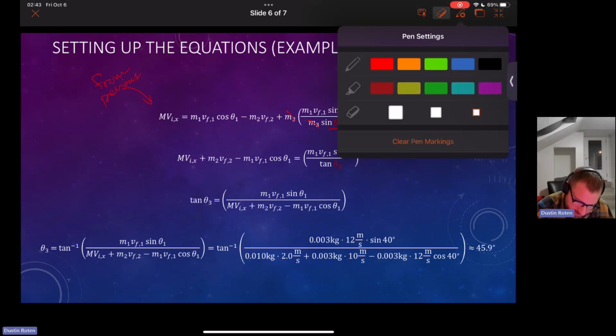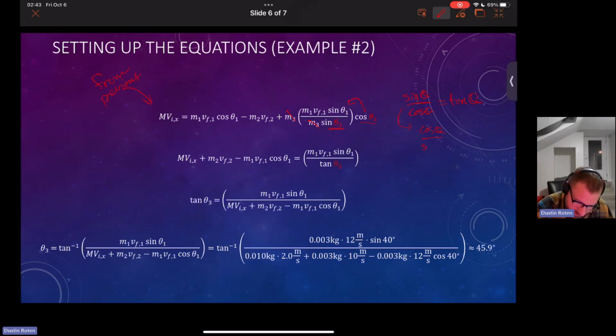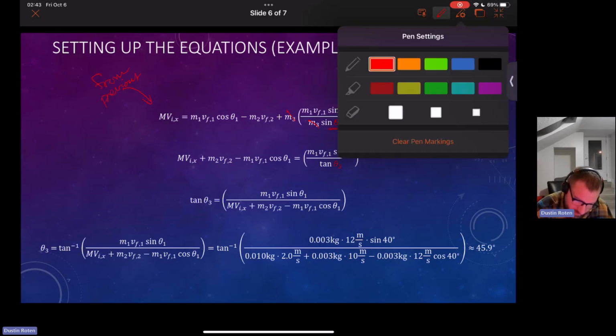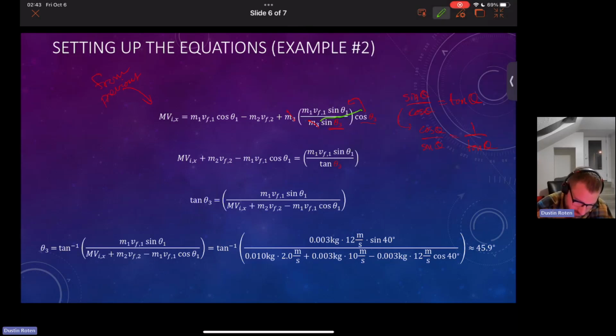So instead of sine over cosine, we actually have cosine over sine here, which is just 1 over tangent. So we can use this relationship and just get a tangent in the denominator. That takes our theta sub 3 here and theta sub 3 here, so instead of having it floating around in two different parts of this equation, we've collapsed it into just one place.